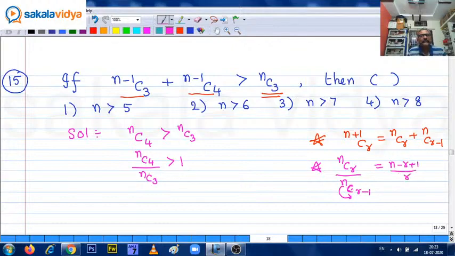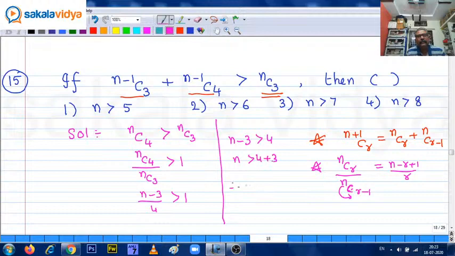Using this shortcut, this can be written n minus 3 upon 4 greater than 1. So n minus 3 greater than 4, n greater than 4 plus 3. Therefore, n is greater than 7. So option 3 is the right option. Absolutely correct.